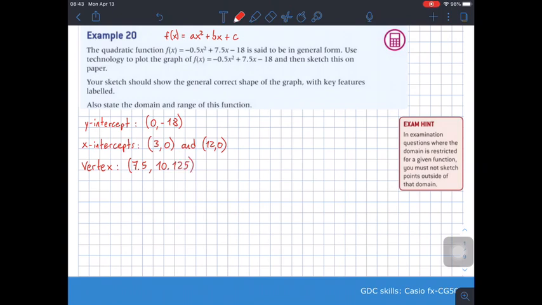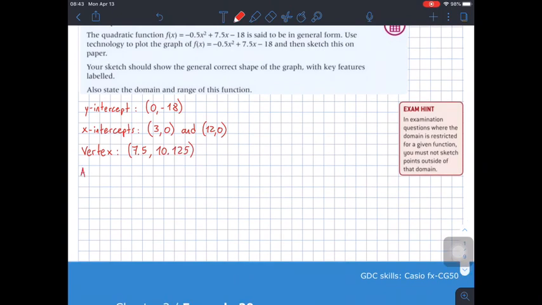And finally, the axis of symmetry was x equals 7.5. Remember you should always write x equals 7.5 because this is the correct equation of a vertical line, okay? So we have identified all the main characteristics for us to sketch.